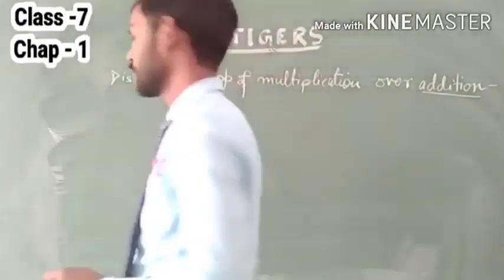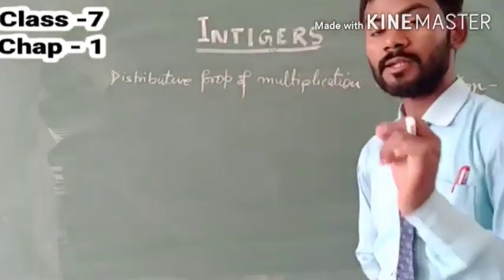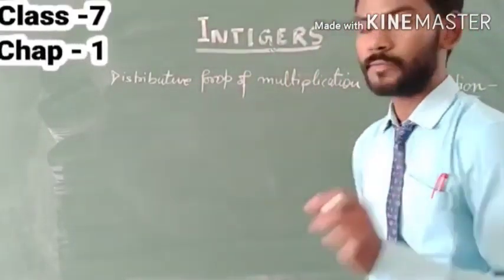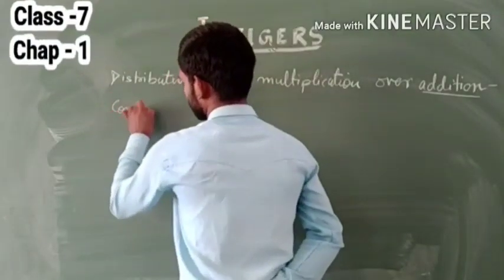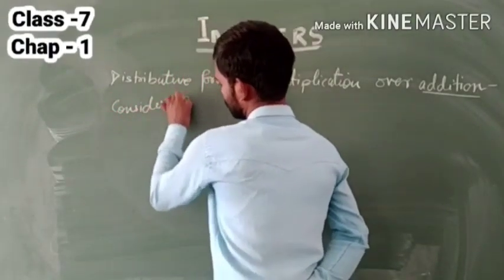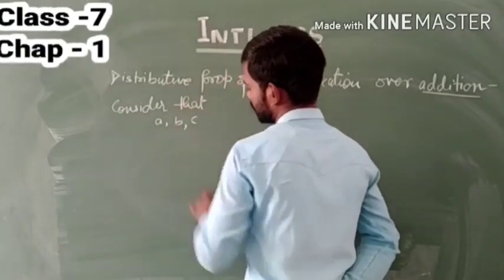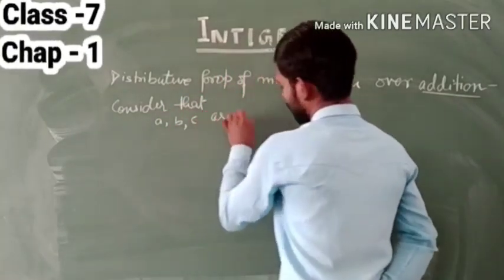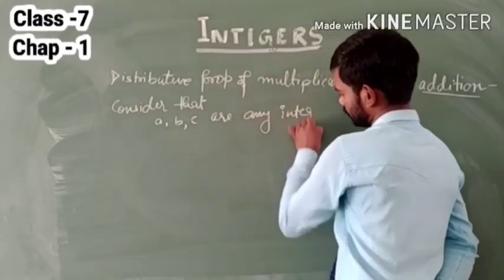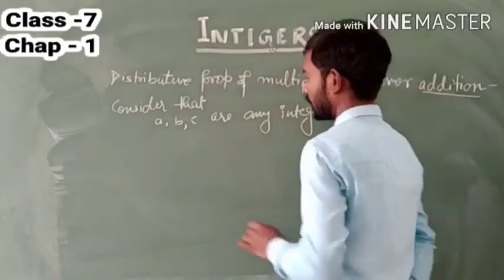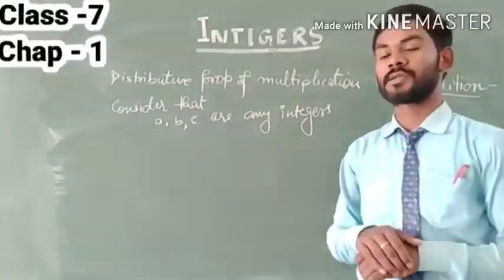For this, we shall take a general value of integer and consider that A, B, C are any integers.